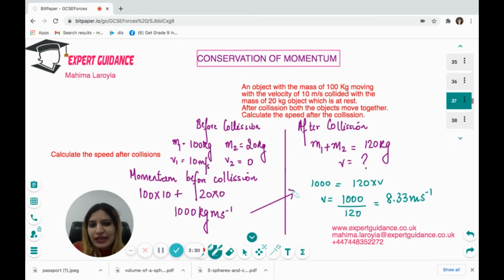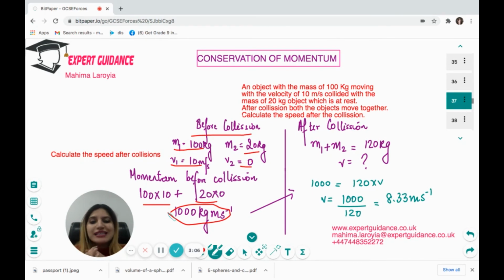Now let us look at it. Before collision, we know that the mass of object 1 is 100 kg, velocity is 10. So the momentum of body 1 is 100 times 10. But for the other body, since it is at rest, the momentum would be 0. So the total momentum before collision is 1000 kilogram meters per second. Now, after the collision, they both stuck together and moved together.